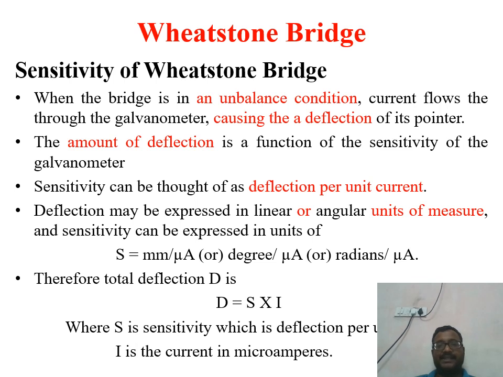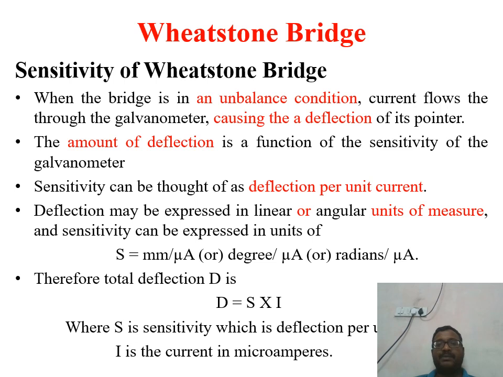When the bridge is in the unbalanced condition, current flows through the galvanometer, and this causes a deflection of the pointer. Causing deflection means the pointer changes once current is passing. That condition, when current passes through the galvanometer, is the unbalanced condition.